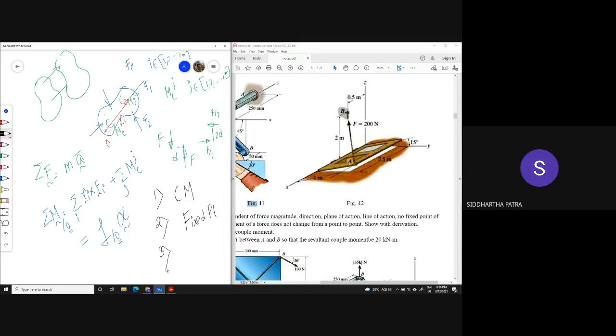Number three, a point maybe not fixed, but moving with a constant velocity, that is, no acceleration. Number four, a point need not be the center of mass, need not be fixed, need not even be moving with a constant velocity. It is accelerated, but accelerated towards the center of mass.